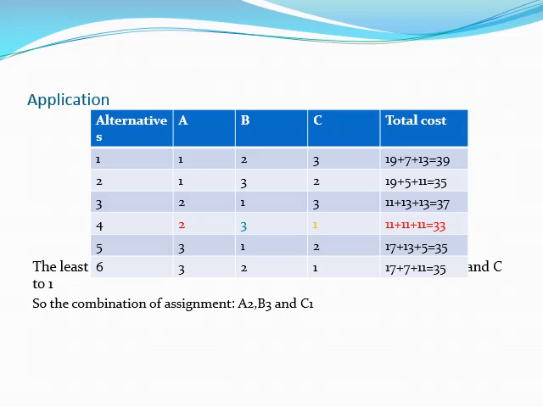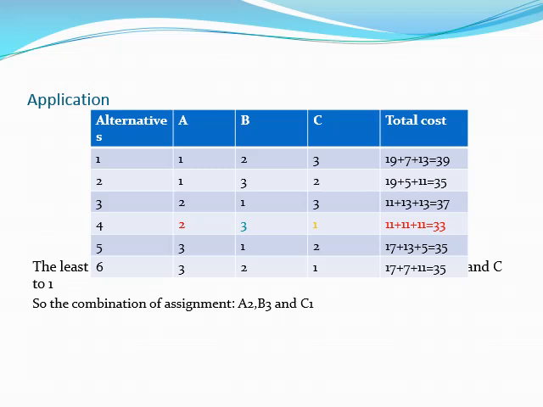Return back to the previous table. If we assign A to implement 1, then the cost is 19. If we apply B to 2, then it costs 7.